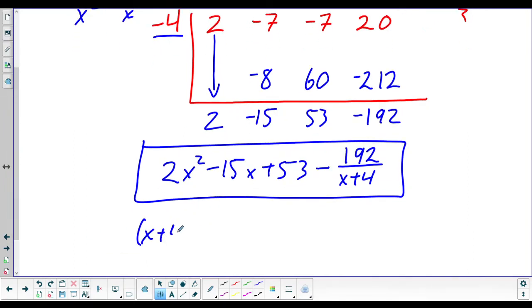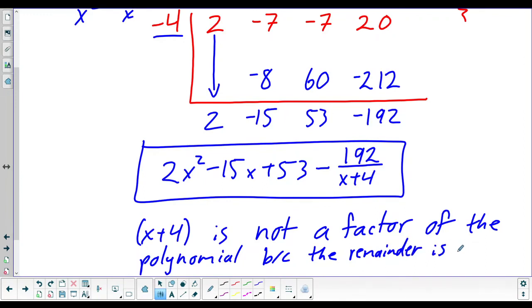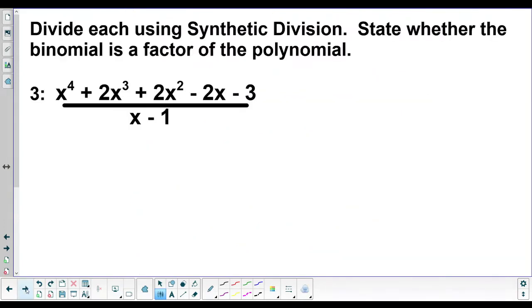X plus 4 is not a factor of the polynomial because, don't tell your English teachers, the remainder is not 0. All right, not too bad, huh? Okay, we got 2 more examples. Let's go do them.